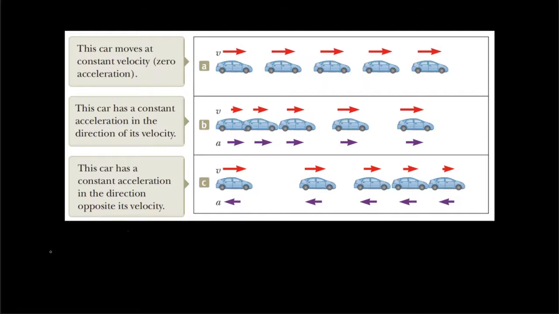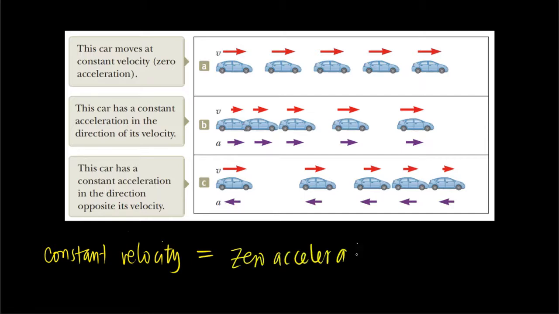So one thing you have to remember, constant velocity means zero acceleration. Okay. Ang ato nga car, it has its own velocity. Let's say, hinay lang siya, 30 kilometers per hour.